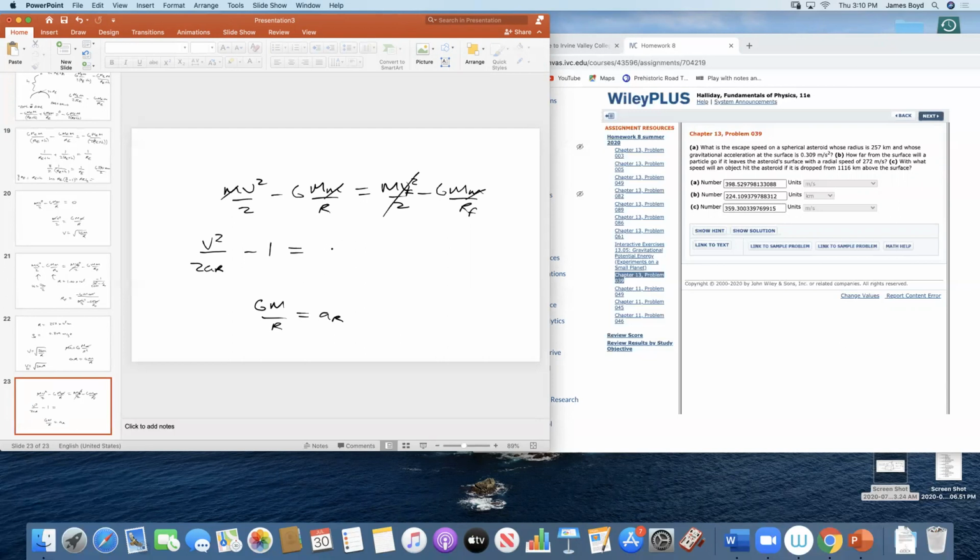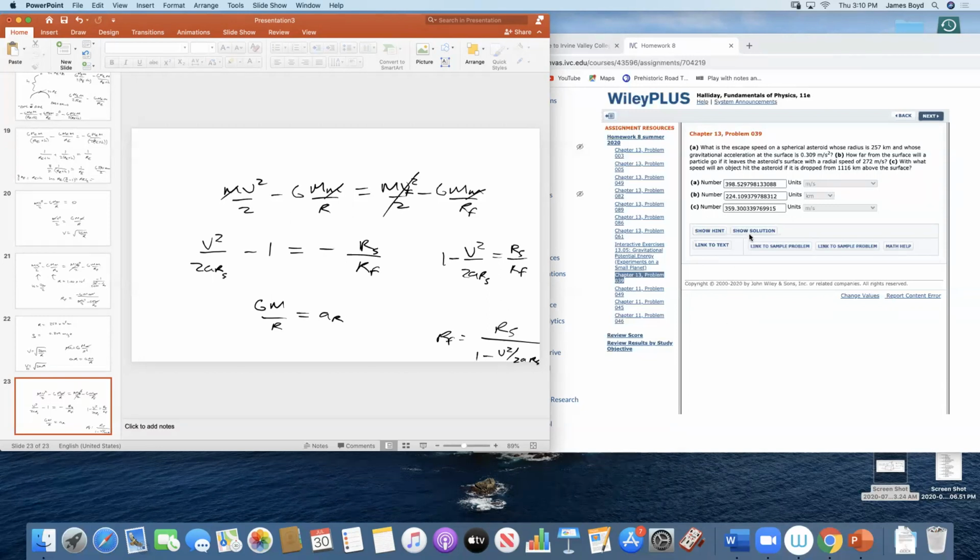Is equal to minus 1 over r at the surface over r final. Okay, this is our surface. So therefore, let's multiply through by 1. This becomes 1 minus v squared over 2ar of the surface is equal to r of the surface over r final, or r final is r of the surface over 1 minus v squared over 2ar.